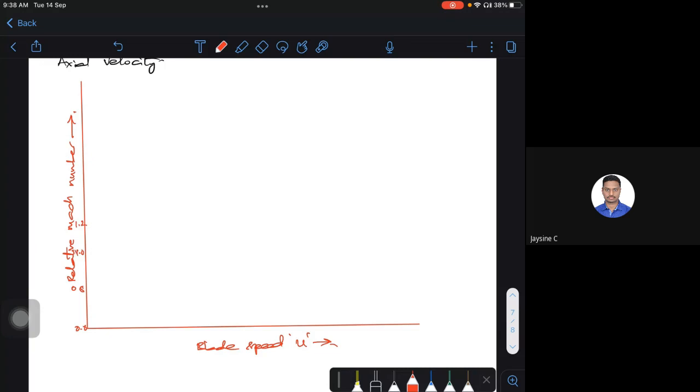Anyhow, you don't have more than that. Around 1.2, or it can go up to 1.4.